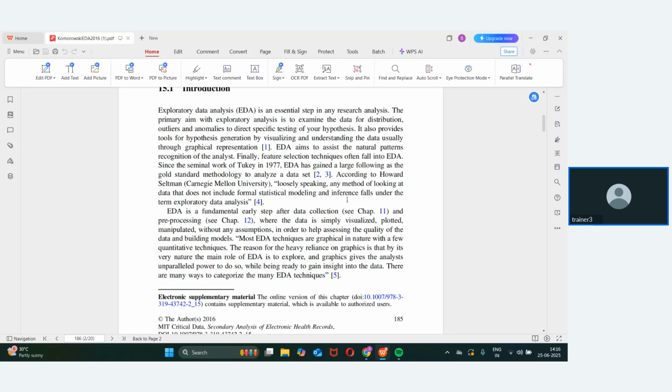Suppose you are dealing with product catalog data, and in the data set you have a date column, but it is not important for us. So we do not select that. We only select the product catalog and how many products have been sold. So this is simply feature selection.